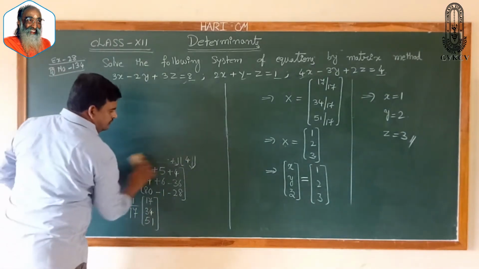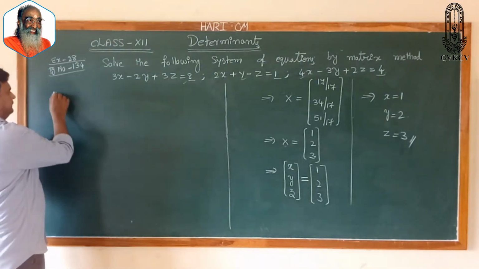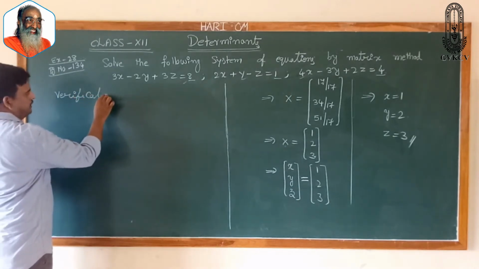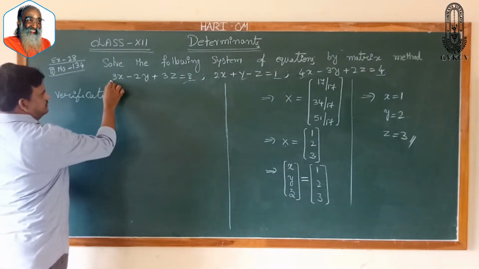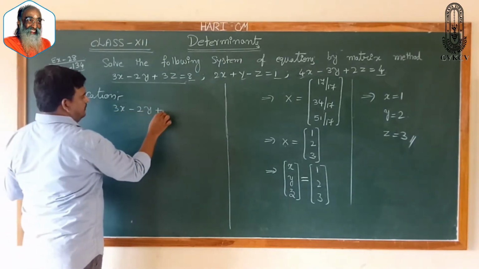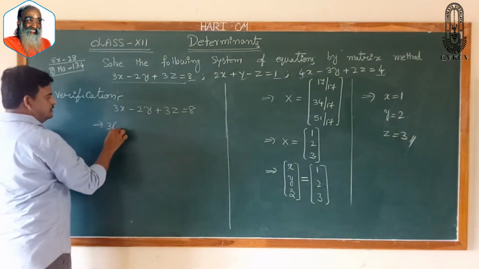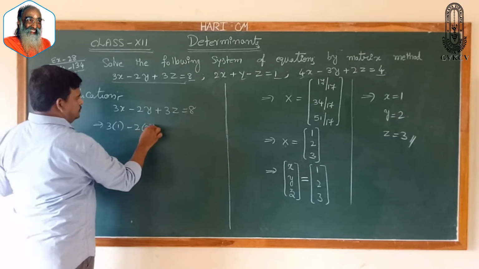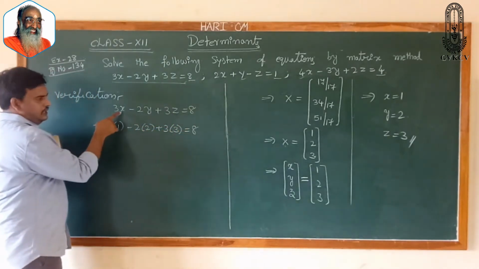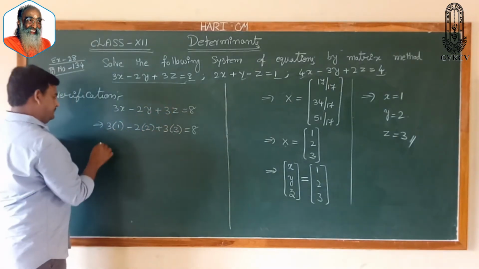Now I am doing the verification. I have the first equation. This is my first equation: 3x minus 2y plus 3z is equal to 8. So 3 into 1, minus 2 into 2, plus 3 into 3, because I got x value as 1, y value as 2, z value as 3.